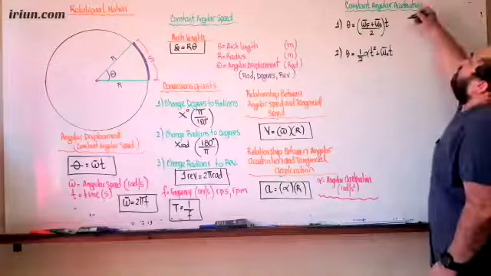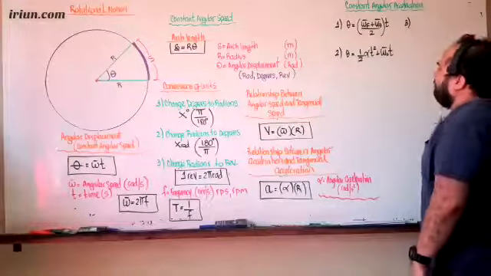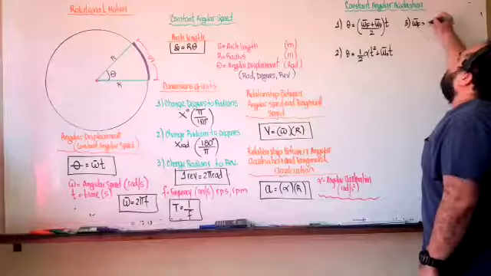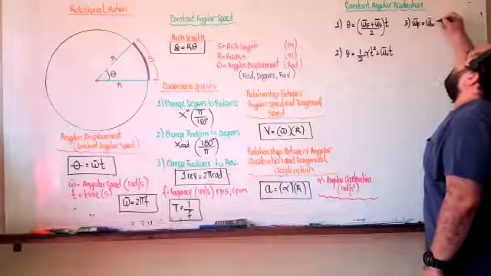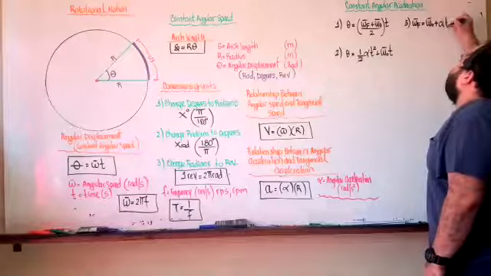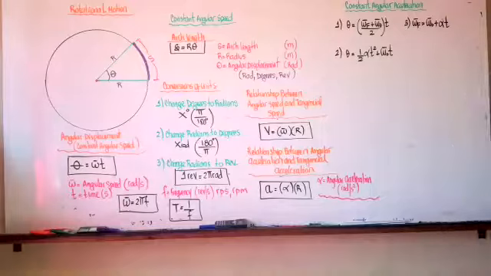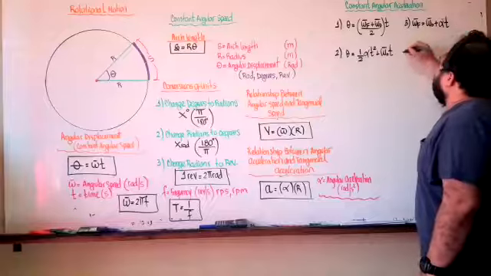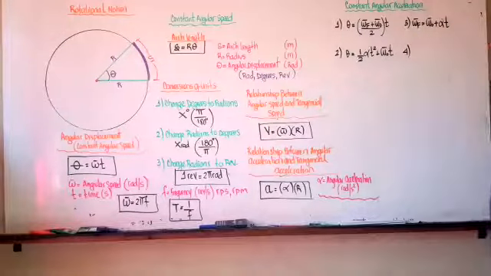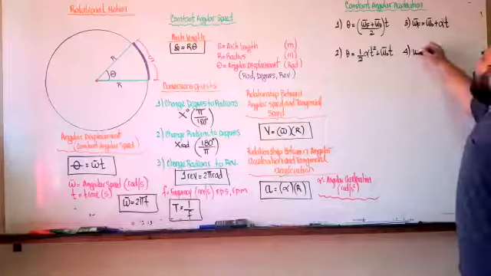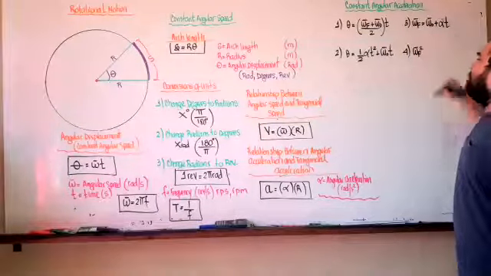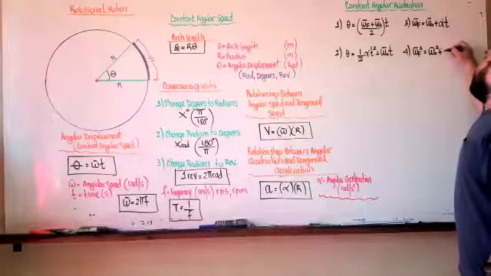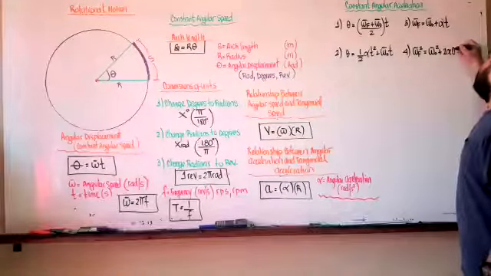The third formula: final velocity equals initial angular velocity plus alpha times the period of time. The fourth formula: omega squared equals omega sub zero squared plus twice alpha times theta.